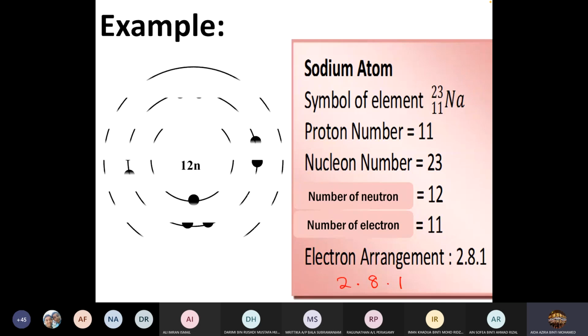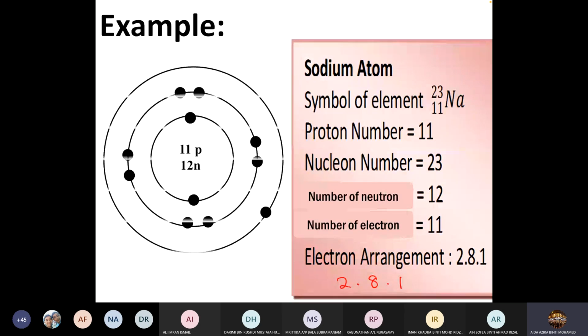So this is how we draw it. Either you write the number of protons and neutrons in the nucleus, or you write the symbol for sodium, which is Na, either one. Alright, very good. Let's move on.